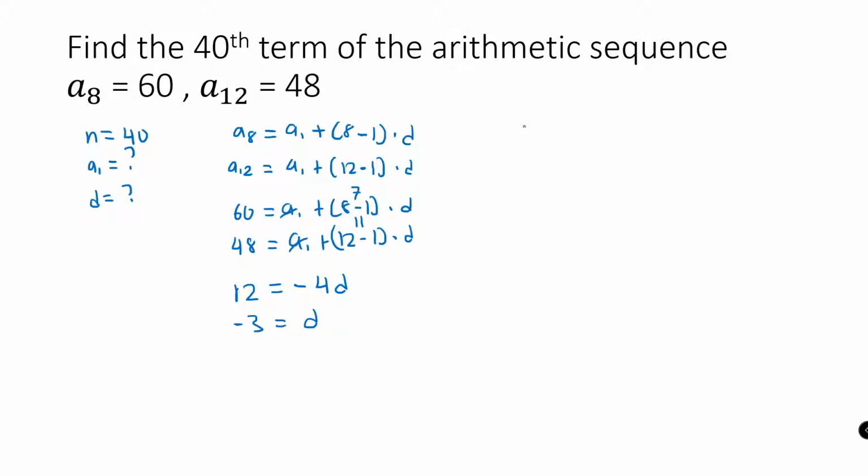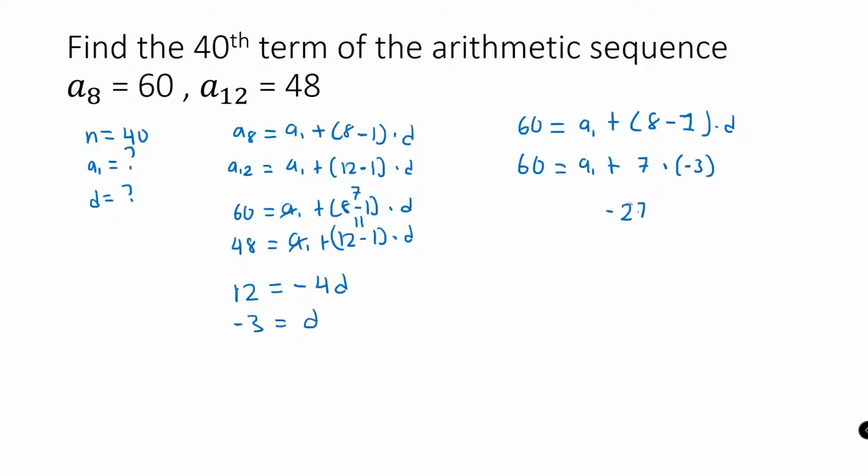We can plug into the first equation to find A1, the 8 minus 1 times D. So we just plug it in. 60 is equal to A1 plus 7 times negative 3. So we're going to be getting negative 27.